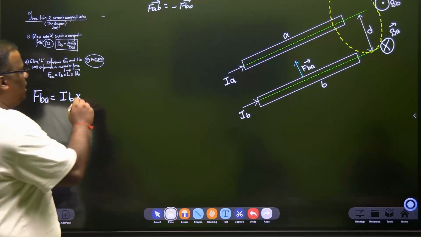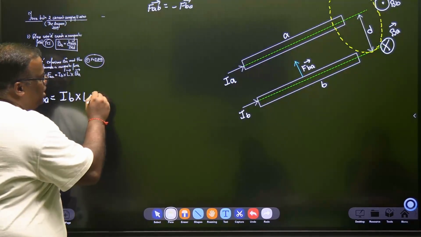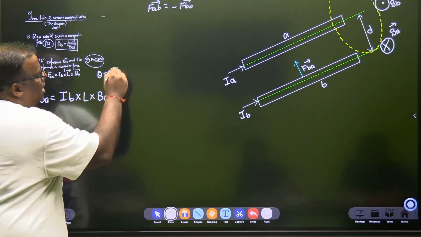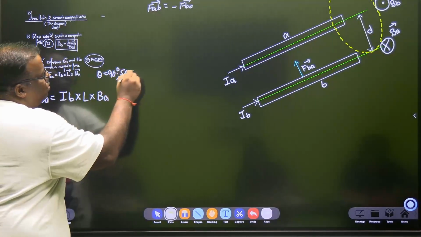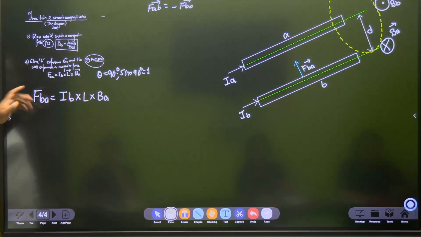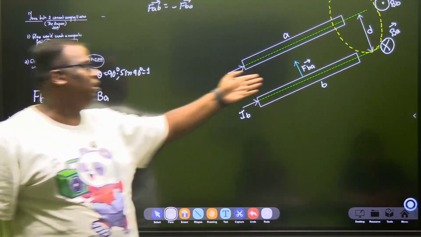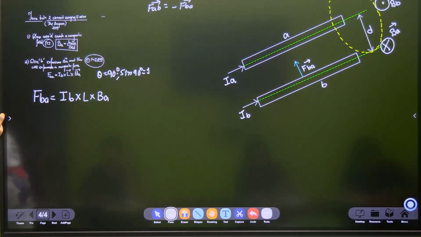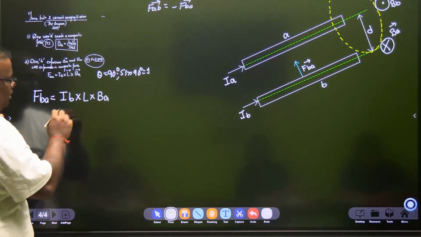So I'm now writing it as L into BA, because the theta here is 90 degrees and sine 90 is equal to 1. So L cross BA. And sine 90 was needed by me only to get the direction of FBA. Is this understood? So let's go further.